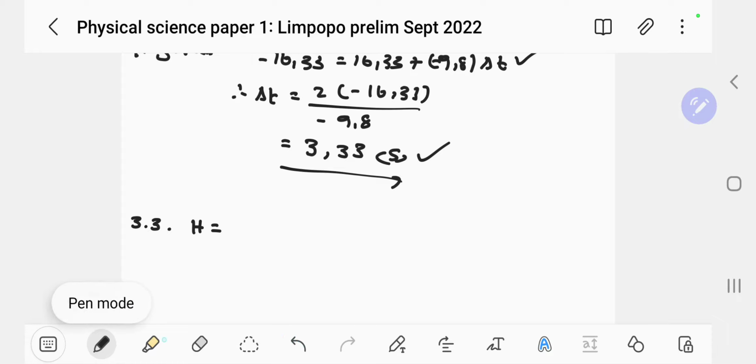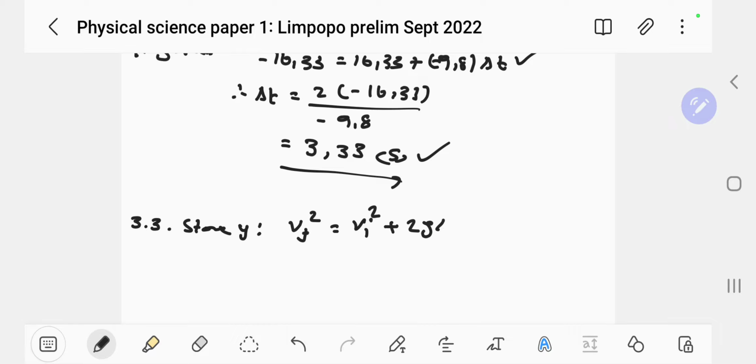Maybe you will see it, maybe you won't. Let's just say for stone Y, we know that the final velocity squared is equal to the initial velocity squared plus 2g delta y, right? Because this is vertical motion.